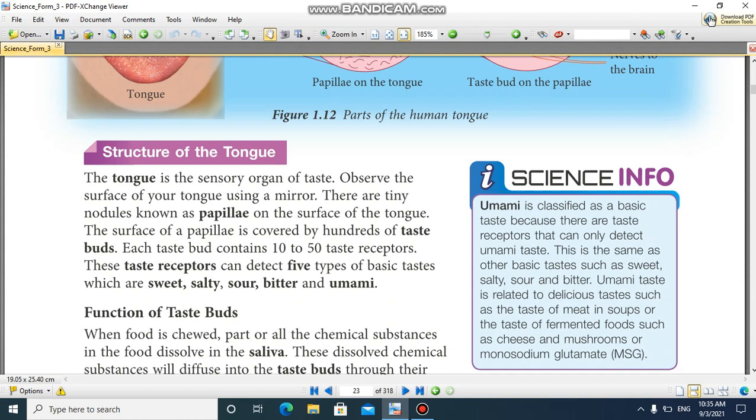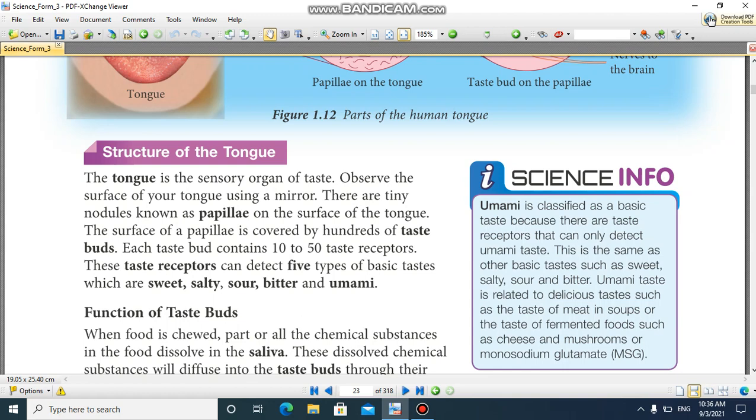Each taste bud contains 10 to 50 taste receptors. These taste receptors can detect five types of basic taste, which are sweet, salty, sour, bitter, and umami. Umami is classified as a basic taste because there are taste receptors that can only detect umami taste.